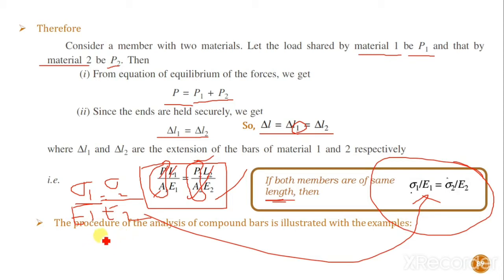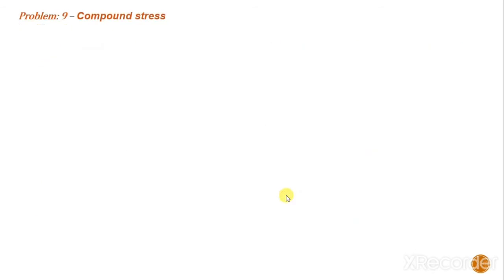So let me explain how we analyze these compound bars with a simple example. Analysis, in the sense, we are trying to find out the stress, strain and elongation in the compound member due to the externally applied forces. So let us take a problem over here, problem number 9 as per our numbering, based on compound stresses.